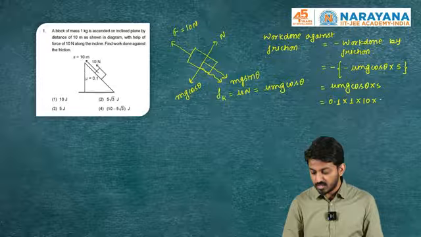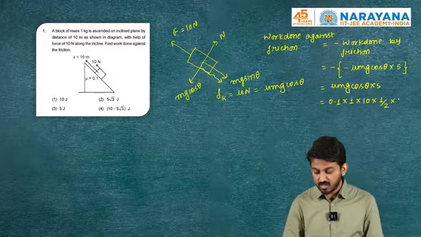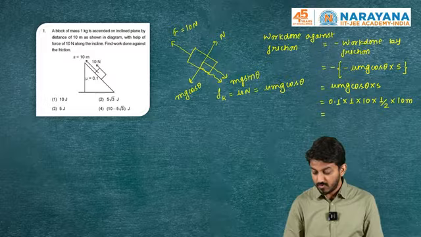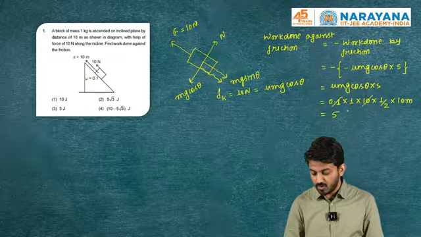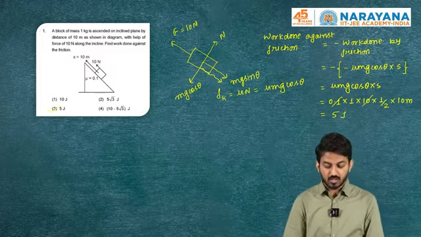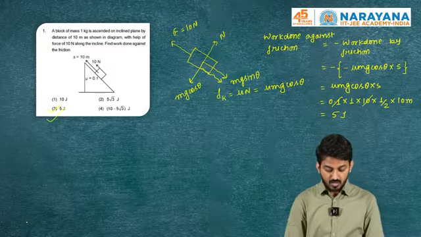So cosine 60 is going to be half, and displacement is said to be 10 meter. So our final answer comes out to be 0.1 and 10 gone. Now we have overall 5 joule. So option 3 is our answer. Going to the next question.